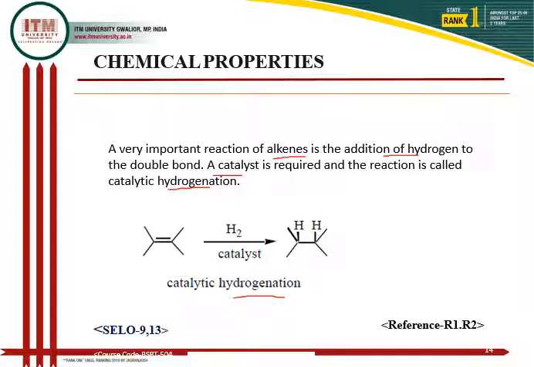It is generally done for oils to convert them into fat, because oils are unsaturated hydrocarbons which are converted into saturated hydrocarbons. So the conversion from unsaturated hydrocarbons to saturated hydrocarbons, this most important reaction, is called hydrogenation.